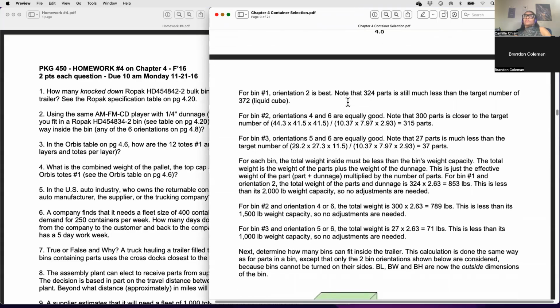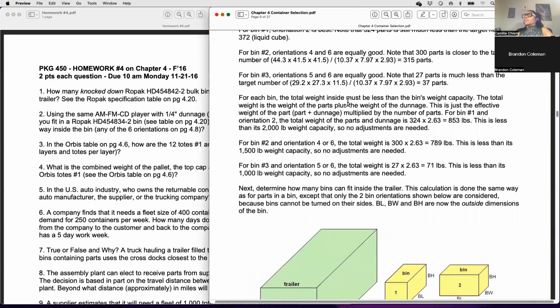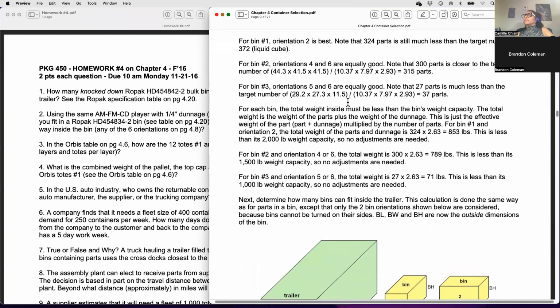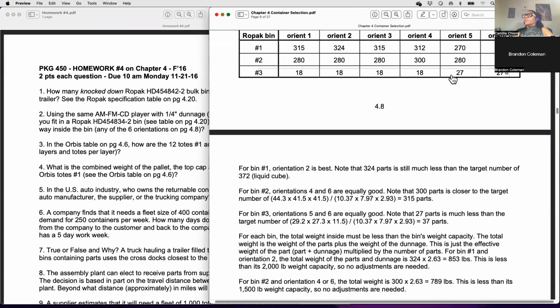So again, 372 is like you're trying to see how close can I get to that, because you know that things like the dunnage and partial parts just won't fit. So you're going to start shaving down some of those numbers. And then here you can see you have 27 parts as the max.